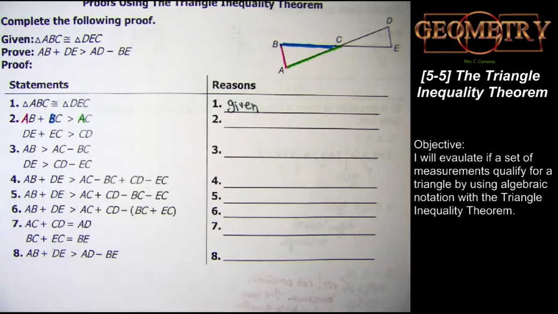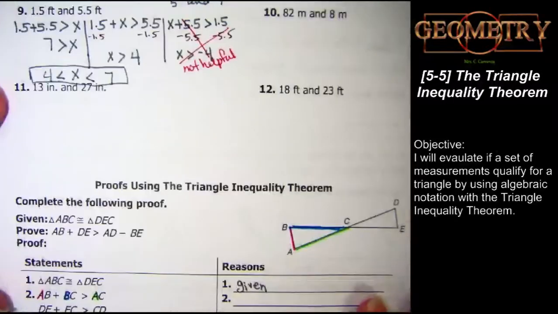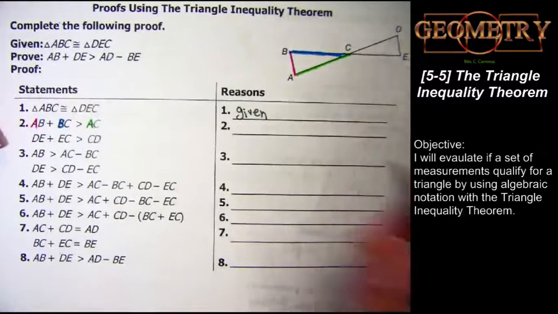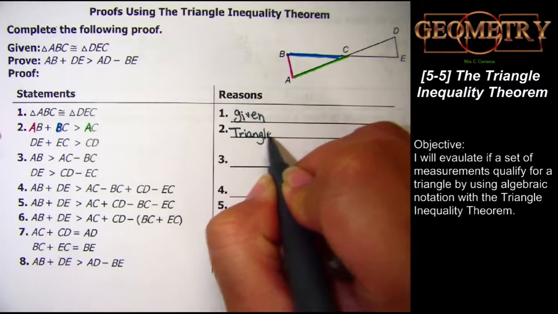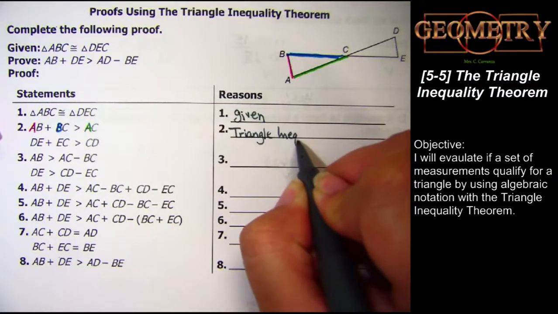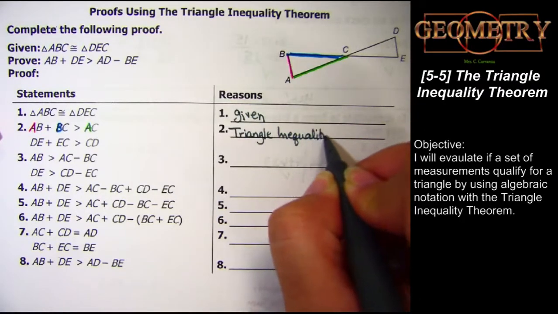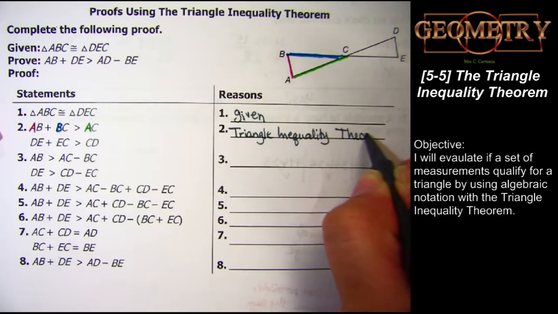Segment addition postulate also says it's equal to, this is greater than. Yeah, the triangle inequality theorem, the one that we were working with today, where we were adding stuff together and making it greater than. It's this stuff. So this would be the triangle inequality theorem.